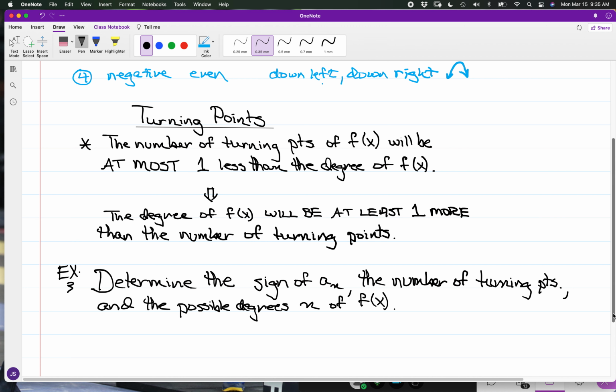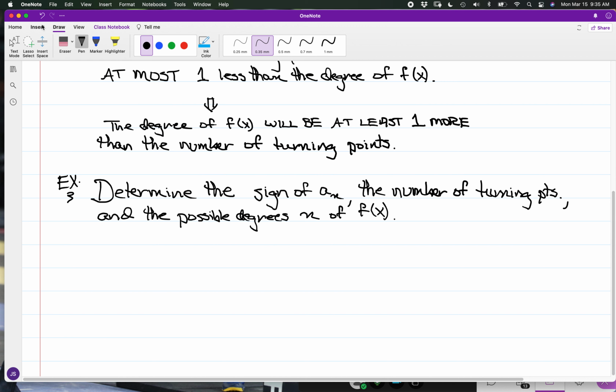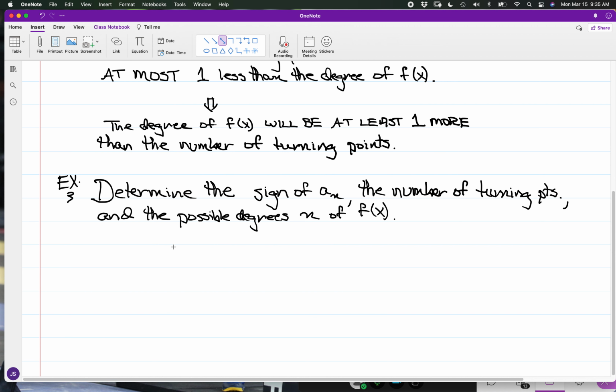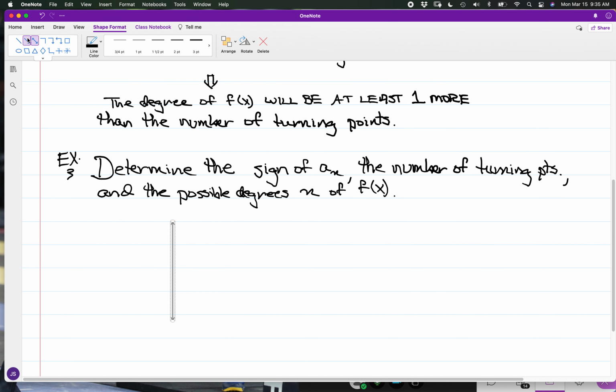I'm going to give you a graph in just a moment. So again we have the xy coordinate system.